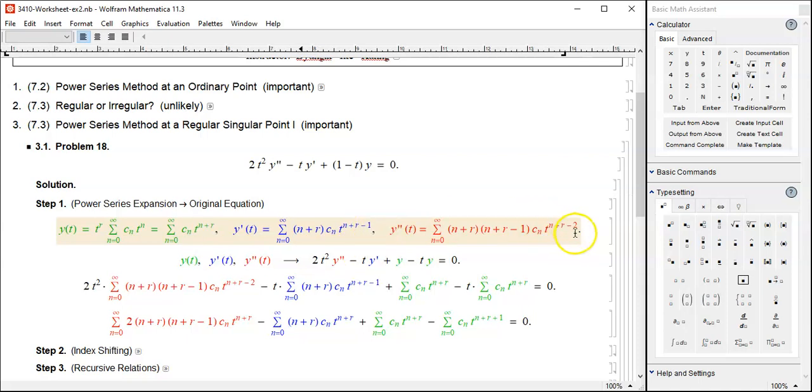Derivative, the second derivative. From the original equation, with just a little bit of algebraic manipulation, let's plug those in.